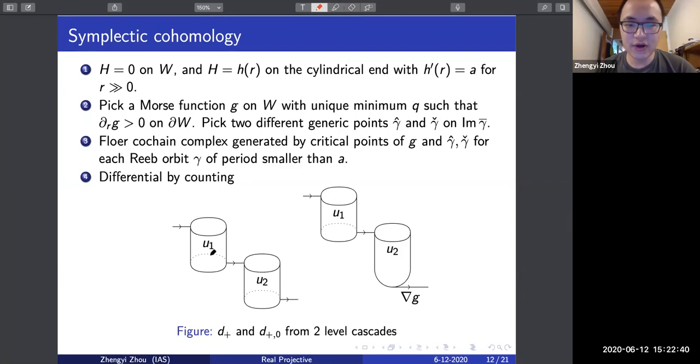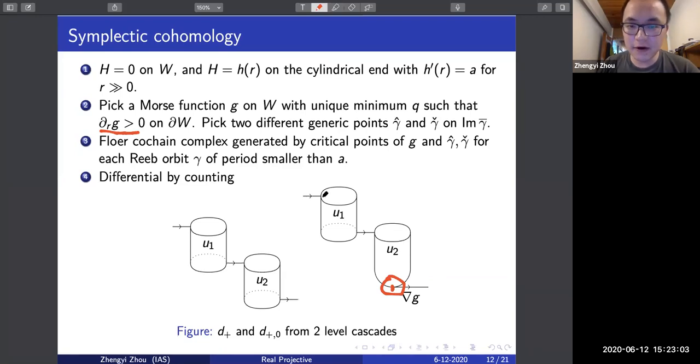So these cylinders are essentially solutions to the Floer equation. And here it's also a kind of cylinder, but near this point, because the condition is that the derivative of g is bigger than 0, this point is necessarily inside the filling where the Hamiltonian is 0. So around here, the equation is just a d-bar equation.